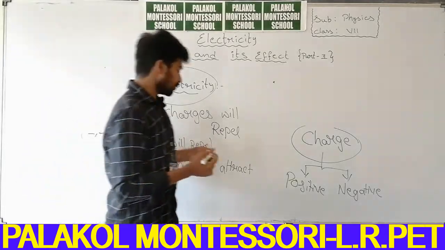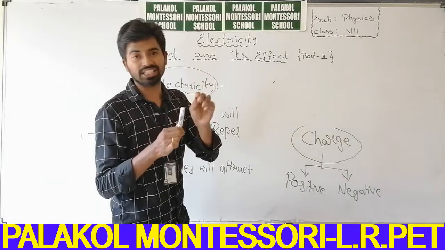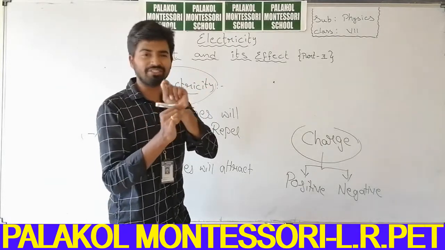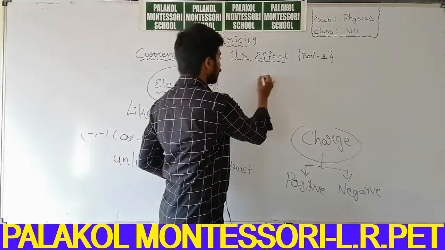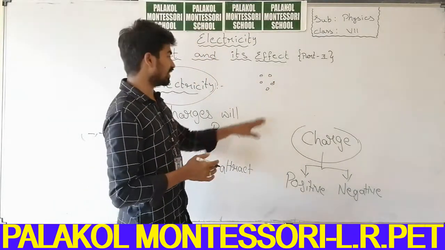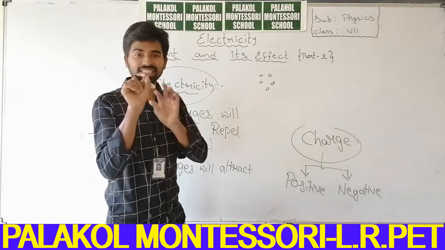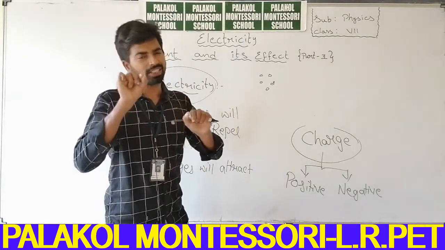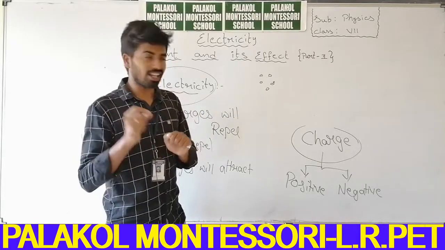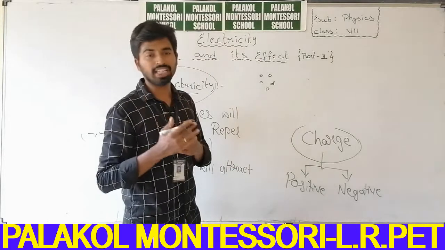Do you know that? If I have a substance here and I break it into very tiny particles, and I again separate these tiny particles, dividing again and again, making this object into very small particles, at last you will get a very small particle that you are not able to divide.